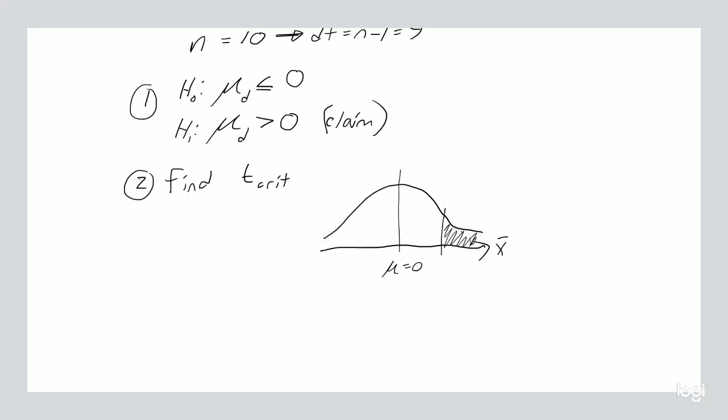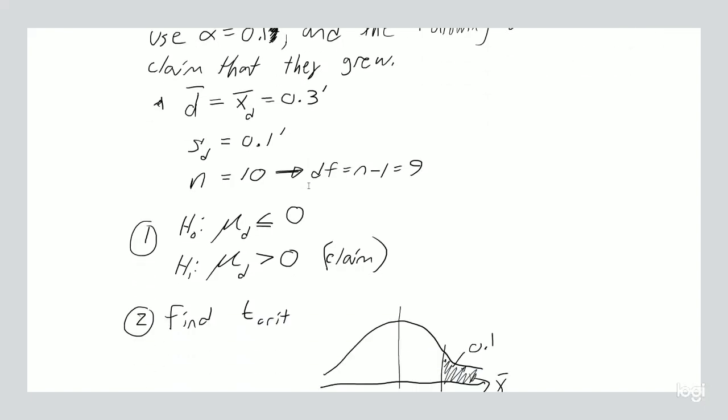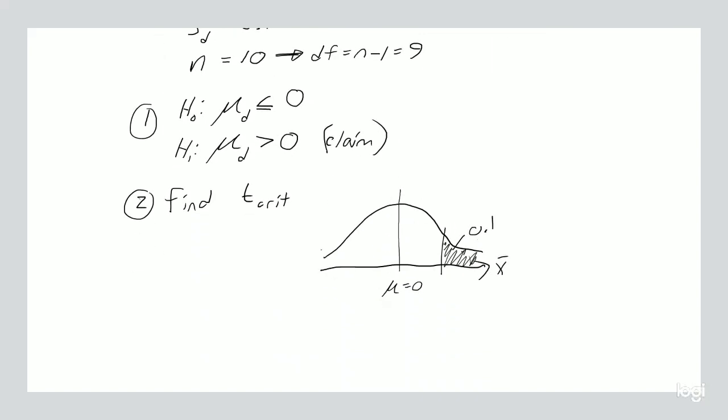Because our alternative hypothesis refers only to it being greater than 0. And it's going to be size 0.1, because we have alpha here. You know what? I put 0.9. I meant 0.1. Okay, I was thinking 0.9 is the rest of it. So 0.1. Okay, that's the size of our tail.